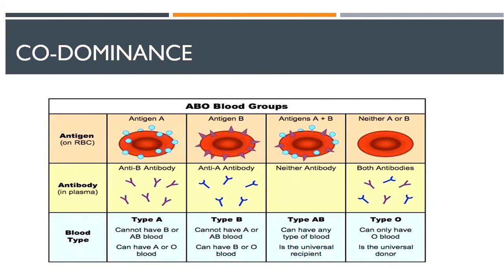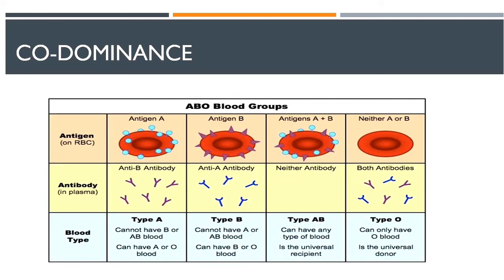So when we have IA small i or IA IA, the blood group we get is A blood group. When we have IB small i or IB IB, we have the B blood group. And when only small i is present, we have O blood group. Why do we have only one gene pair for O blood group?